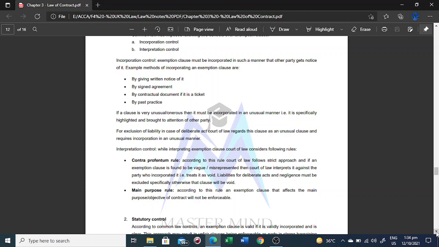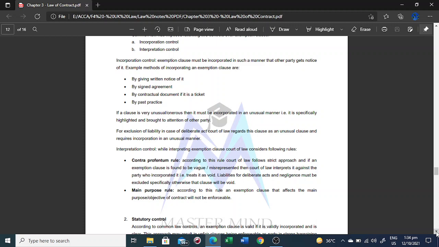In this, the exemption clause must be mentioned in such a way that the other party gets notice of it. Once the exemption clause has been entered into the contract, the other party needs to be sent a notice that, okay, we have included this clause in the contract.